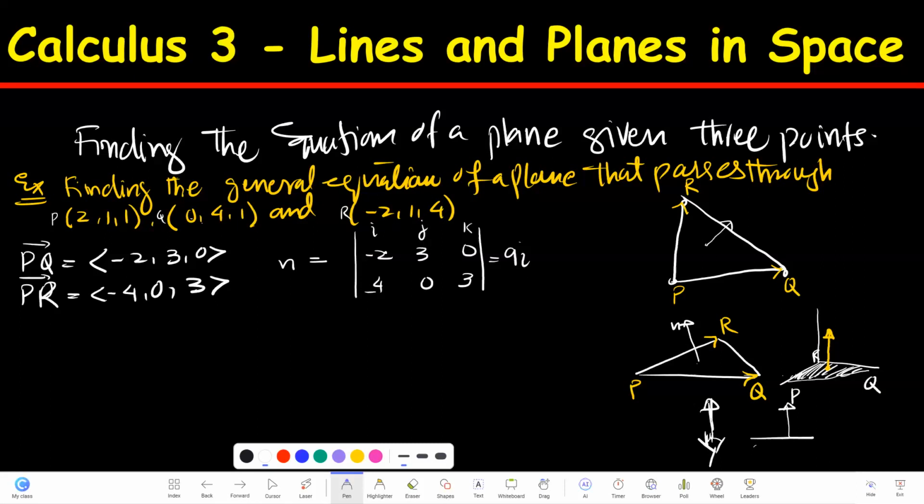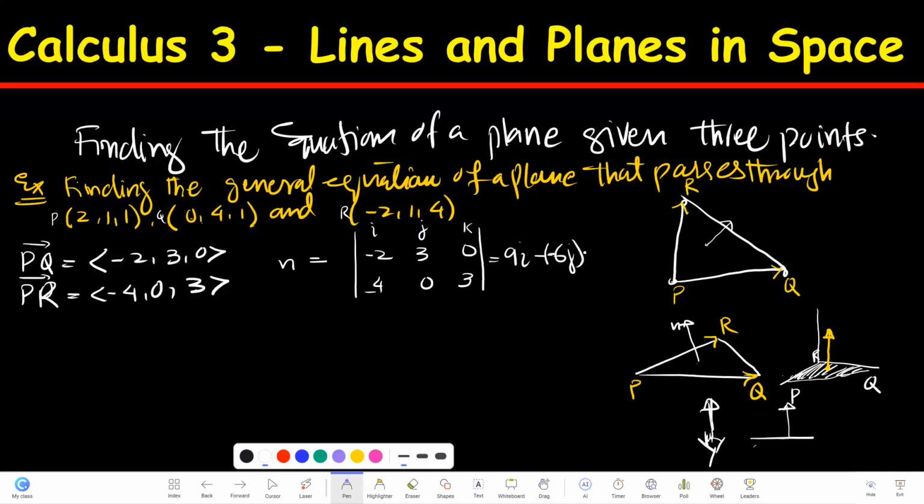And then for J it is going to be minus 6, and there's a minus sign from the formula, so it's going to be minus 6J.